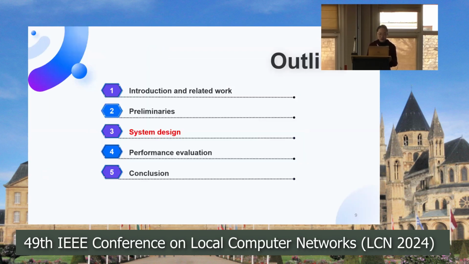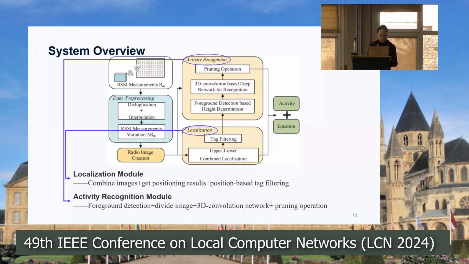Now let me introduce the general composition and framework of the system. The overall architecture of the proposed system is shown in the above figure, which mainly contains two parts. The first is the localization module, which combines the images of the upper and lower layers to finalize the position results. And tag filtering is added to get the simplified image of the tag plane.